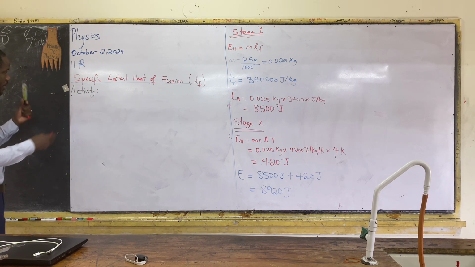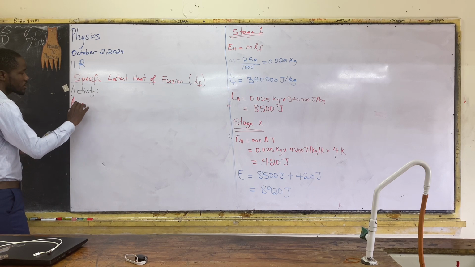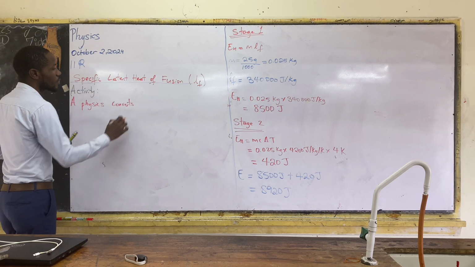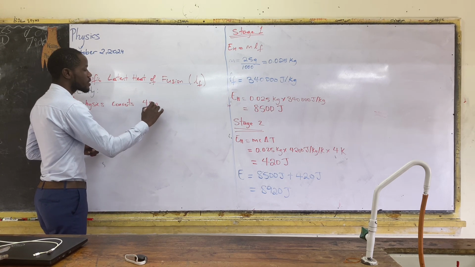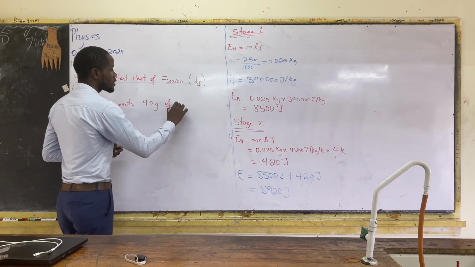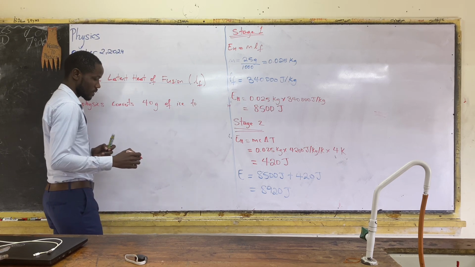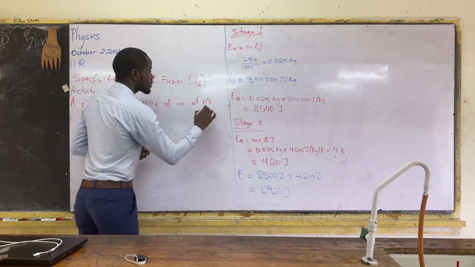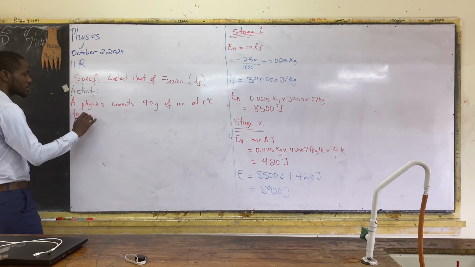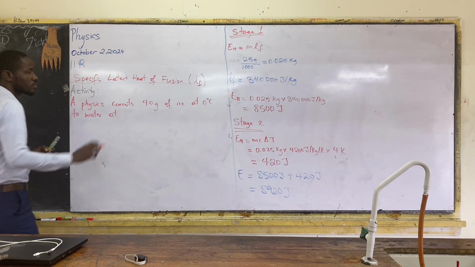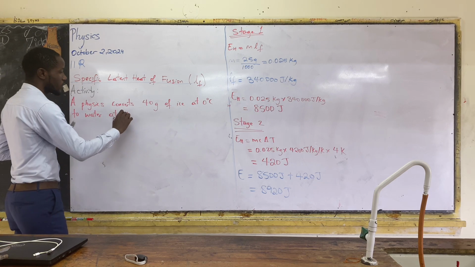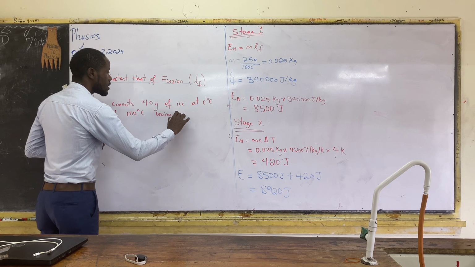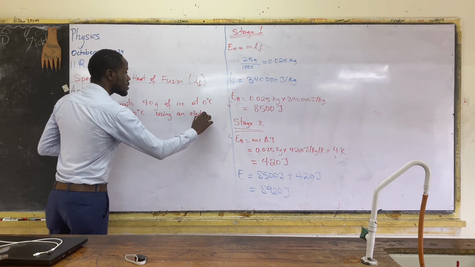A physics teacher, like myself, converts, let's say, 40 grams of ice at 0 degrees Celsius to water at 100 degrees Celsius using an electric heater.